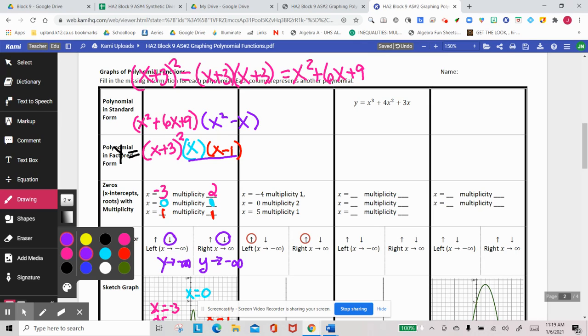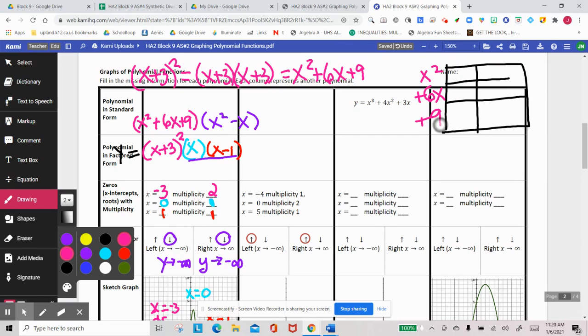And then if I would want to multiply the x squared plus 6x plus 9, which is a trinomial, with that binomial, x squared minus x, that's like drawing a 3 by 2 box. So I'm going to have x squared plus 6x plus 9 going down.